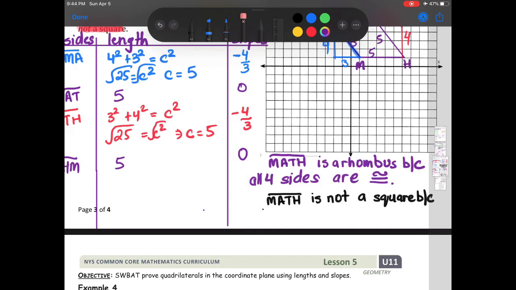So MATH is not a square because no negative reciprocal slopes. That's what I was going to say. MATH is not a square because no negative reciprocal slopes to show perpendicular lines.